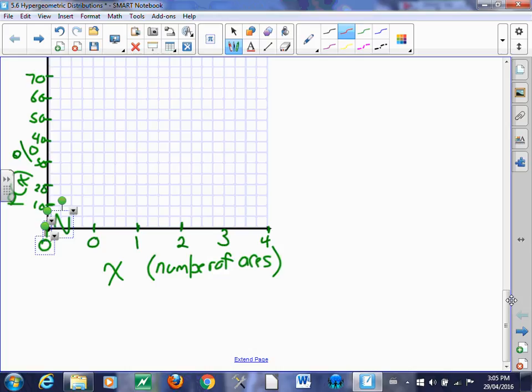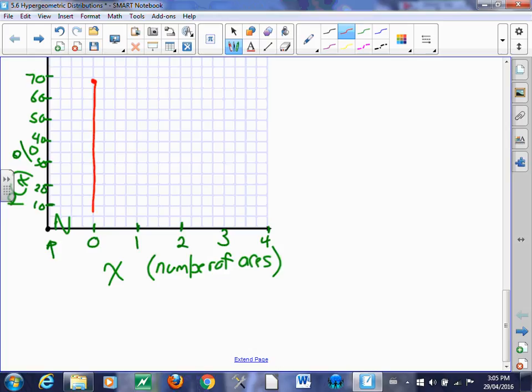Had my marker in the eraser spot, so that's why it was giving me a trick. So you could do a break and then put 0 there, or if you did 0 there, then you'd have to put it right on the data line, right? Okay, so for 0, we're at 68%, which is close to 70.